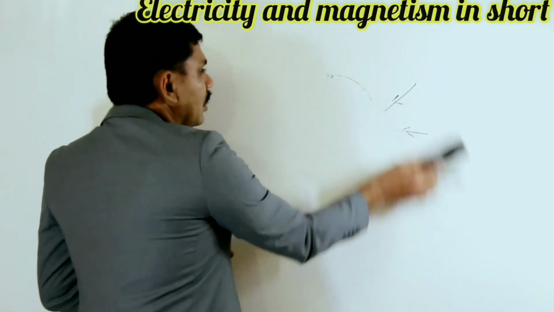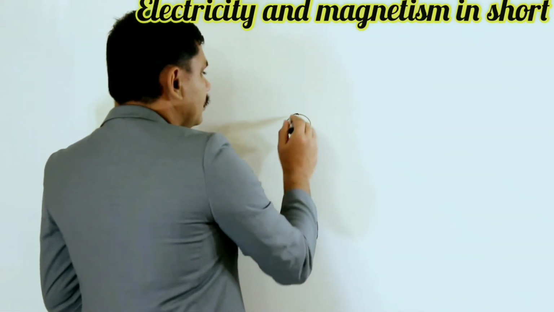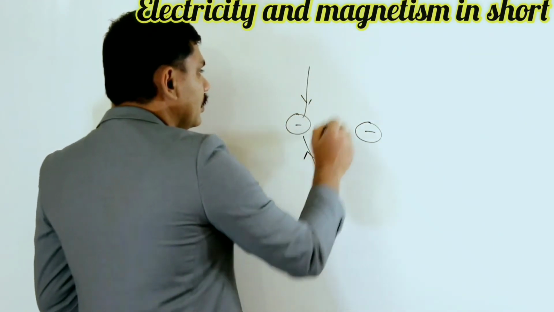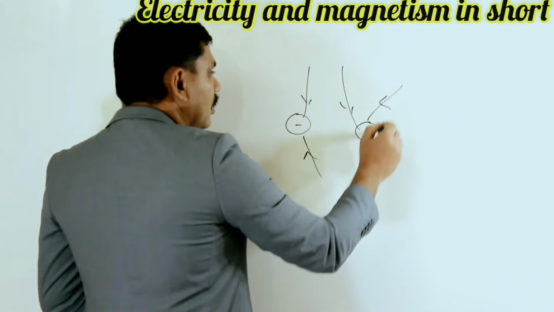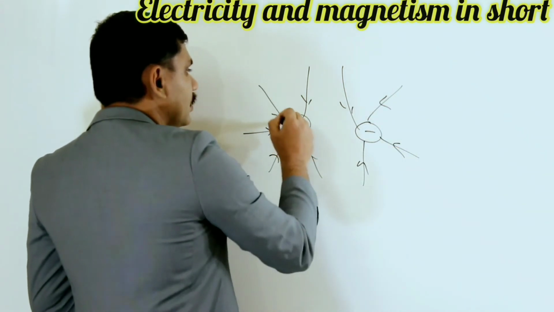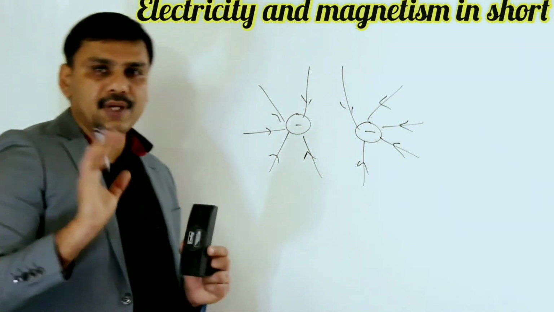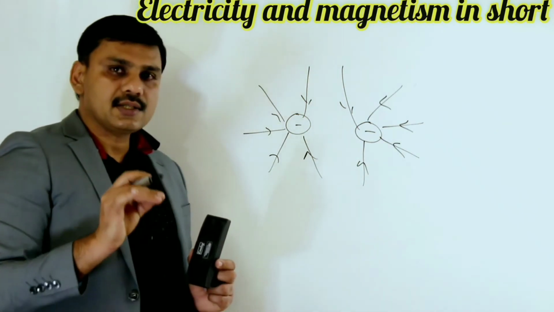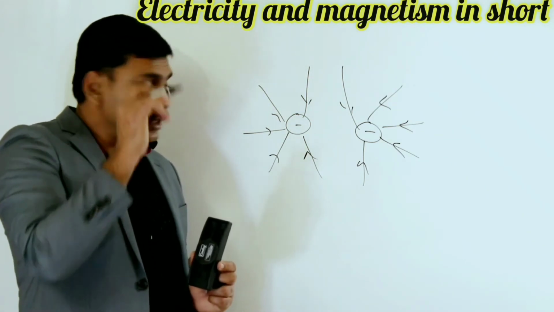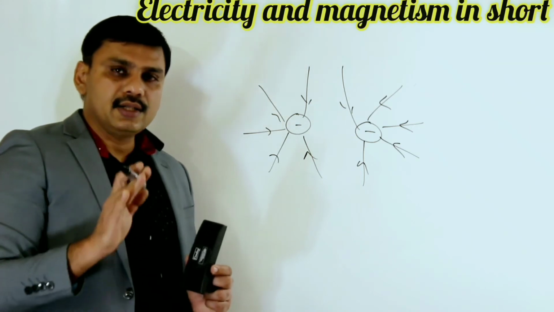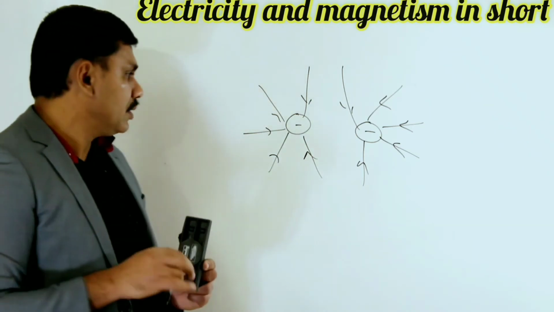If you consider negative charge, the field lines are inward and they will never meet. If you consider negative charge as a system, in both the charges the field lines are inward and they will never meet each other.